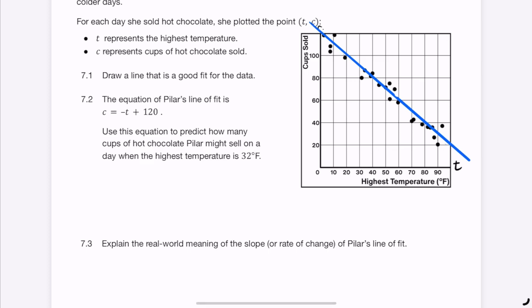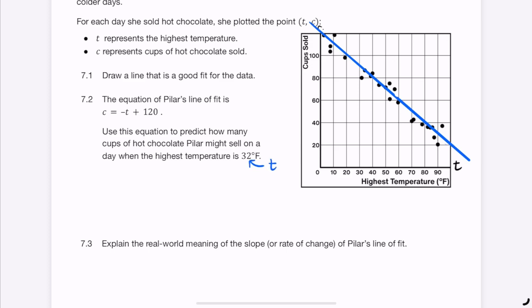And then Pilar creates an equation of the line. So the equation of Pilar's line of fit is C equals negative T plus 120. We're going to use this equation to predict how many cups of hot chocolate Pilar might sell on a day when the highest temperature is 32 degrees Fahrenheit. So the problem is giving us 32 degrees Fahrenheit.